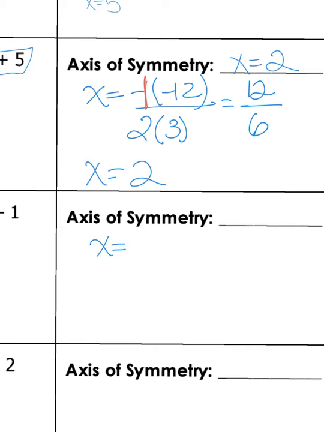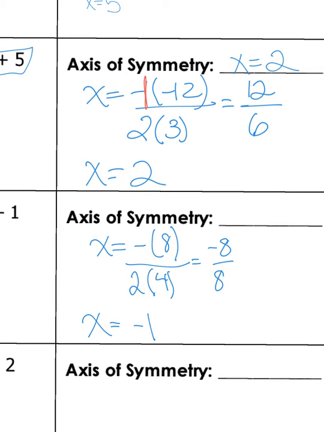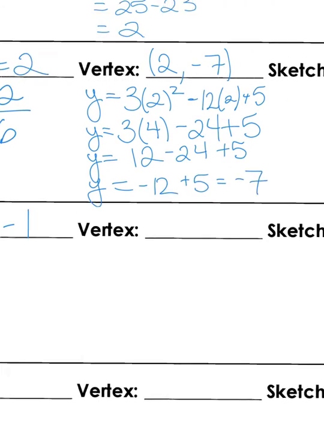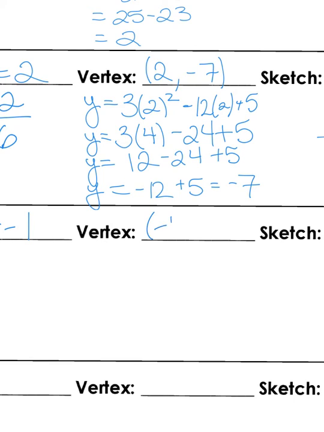So x equals negative, my b value is 8, so I'm going to put 8 in parentheses, divided by 2 times my a value, which is 4. This one should be pretty. So I've got negative 8 over positive 8, so x equals negative 1. It means my axis of symmetry is x equals negative 1, which makes my vertex's x value negative 1.